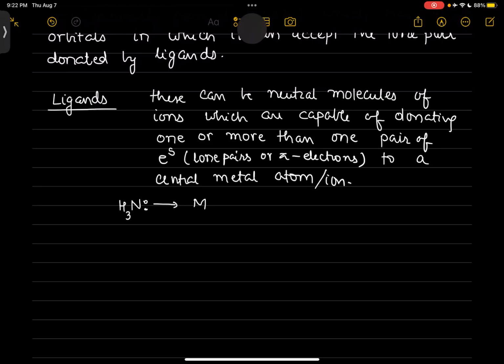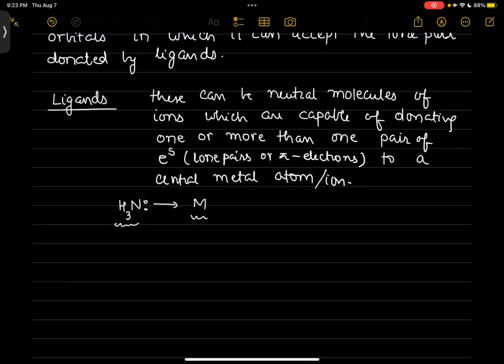It is accepting electrons in its vacant orbitals. We need to check from the electronic configuration what orbitals are empty in it, and where the metal can accommodate the lone pairs which are given by the ligands. So this is the central metal atom, and this is a ligand.